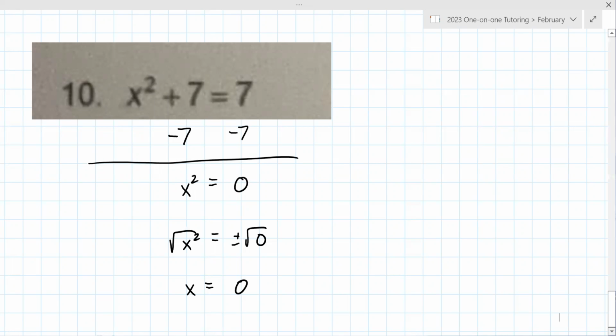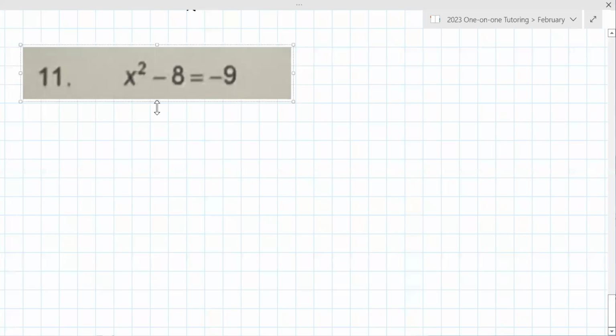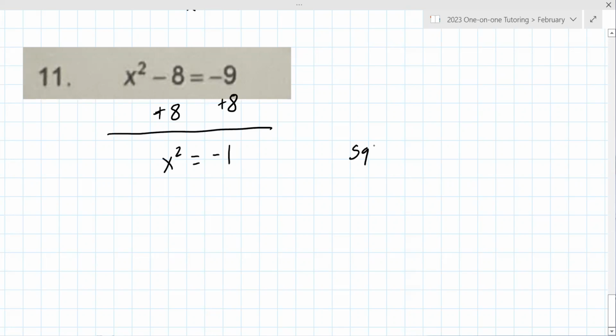So 11 is another exception. We'll look at this one next. We're going to add 8 to both sides. This leaves you with x squared equals minus 1. Now you can only take the square root of a positive number or 0.